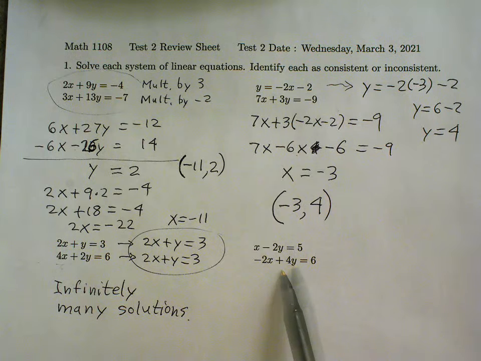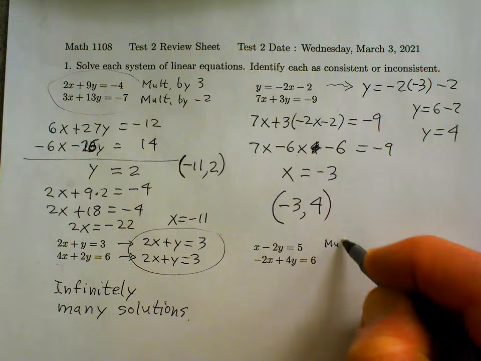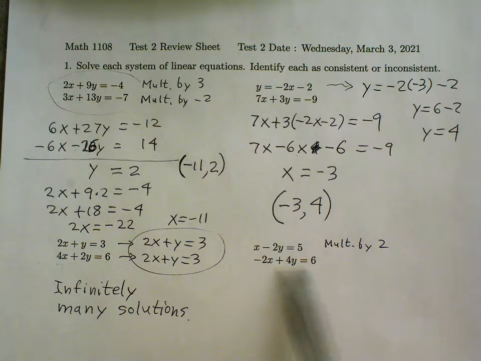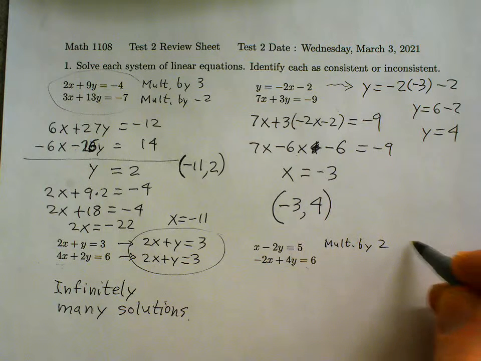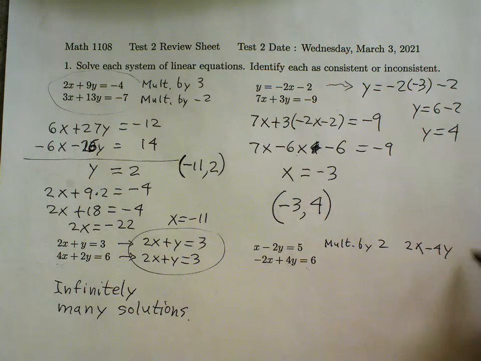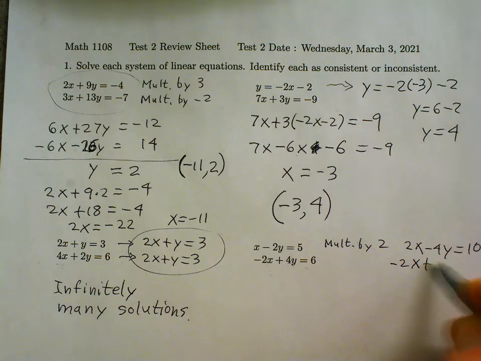Okay, the system of two equations on the lower right. If we multiply every term on both sides of the top equation by 2 and leave the bottom equation the same, we'll get 2x minus 4y equals 10. Leave the bottom equation the same, -2x plus 4y equals 6.